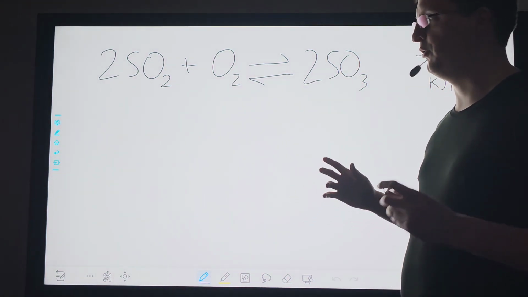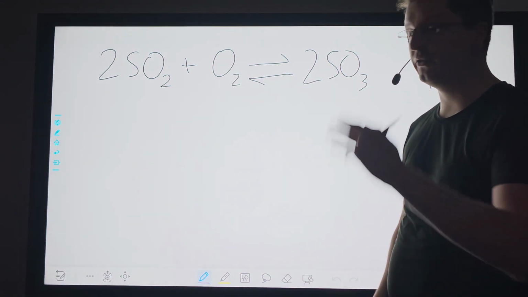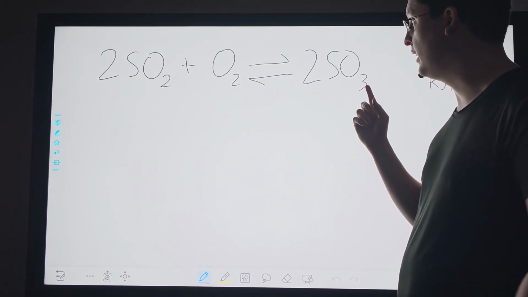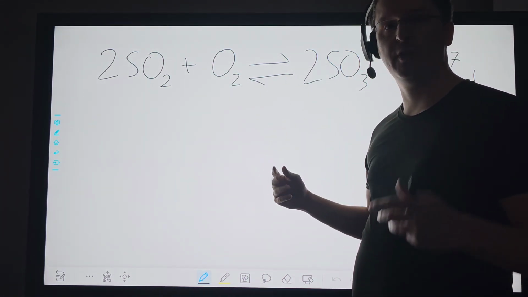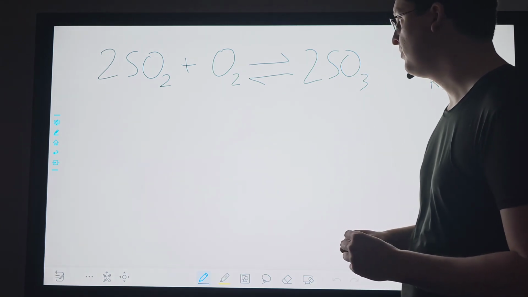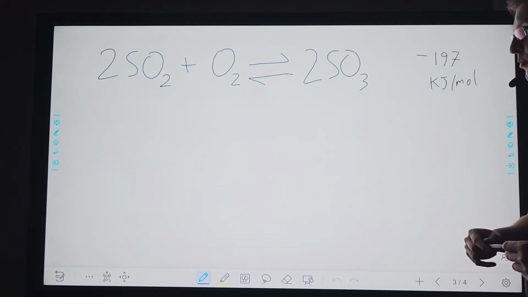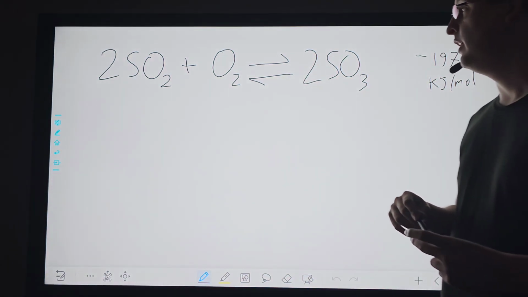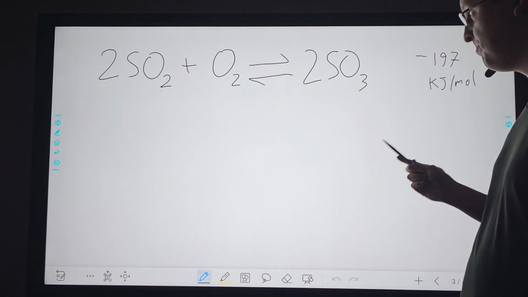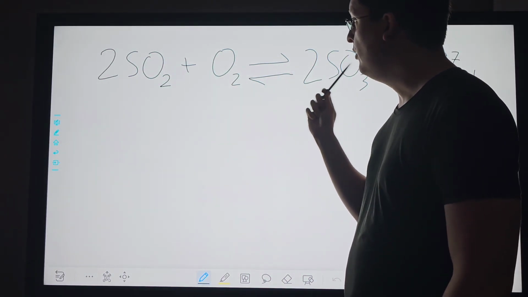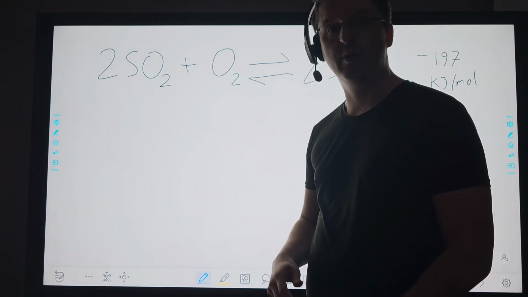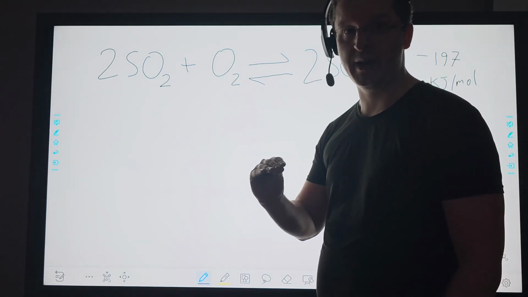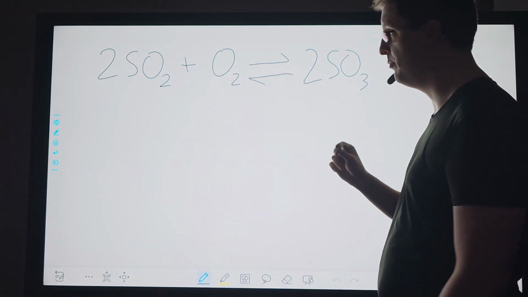That's what a reversible reaction is. Some reactions go one way, some reactions can be reversed, and it's happening simultaneously. So that's what a reversible reaction is. Now, eventually, these reactions will start going at the same rate. That's what we call equilibrium.